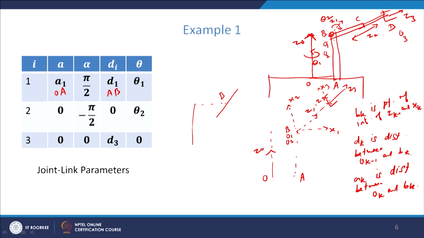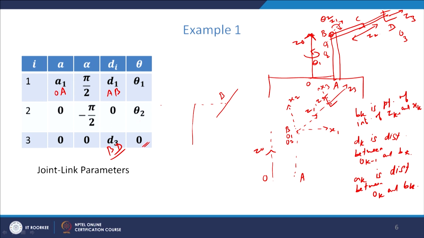So, O2 is the point B and B3 is the point D. So, the distance from B to the end effector, BD, will give the joint distance for the third joint, and A will be 0. The twist angle is 0 because both the z axes are parallel, and it is a prismatic joint, therefore the angle of rotation is 0 here. So, we got the parameters here.